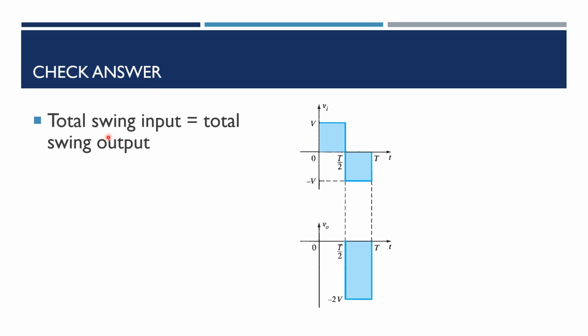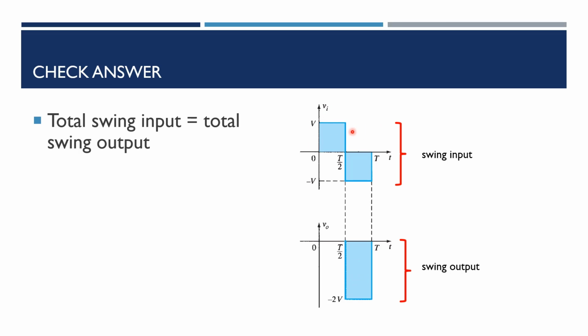So what is the total swing? Swing means that for the input, it is the addition of this part and this part. And the swing for the output is this one. So here we call it the total swing of the output.